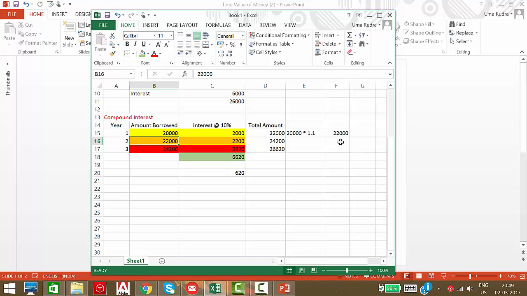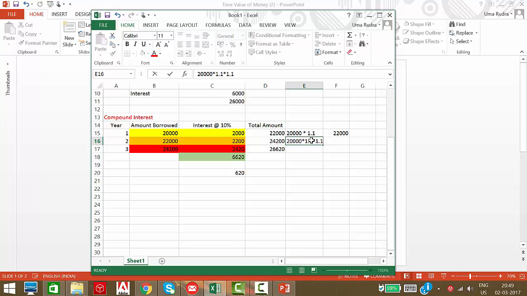In other words, 22,000 is coming as 20,000 into 1.1, so I can do the original principal into 1.1, which gives 22,000, my second year principal, multiplied again by 1.1.